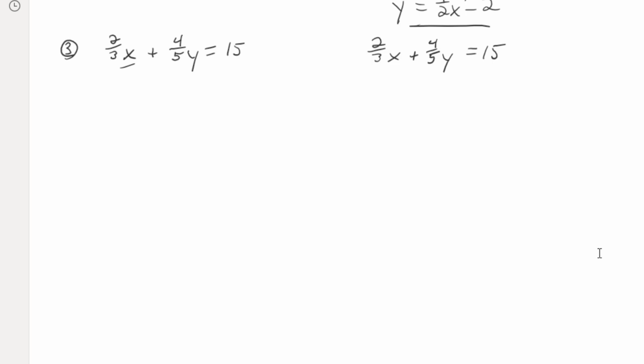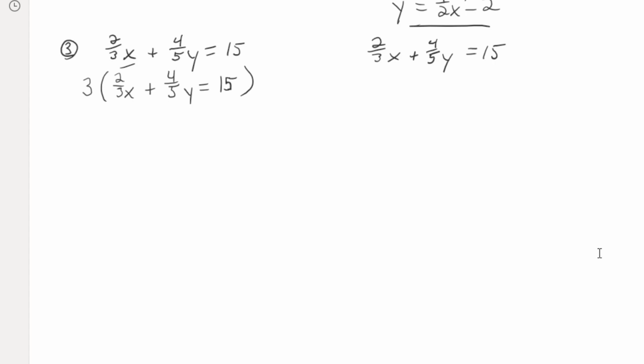So I'm actually going to multiply. What I want to do is get rid of this fraction, so I'm going to multiply by the denominator, 3. I'm going to multiply the entire equation, or both sides, however you want to think about it. 2/3 x plus 4/5 y equals 15. So I'm going to multiply through everything by 3.